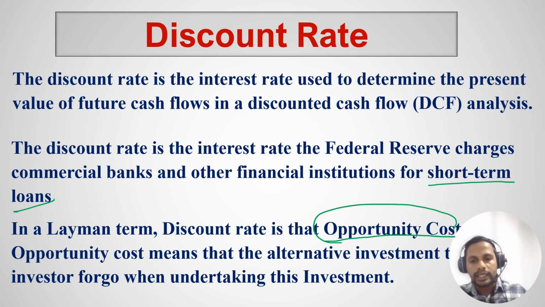Other countries are different. So we are equating our opportunity with what we are doing with the solar PV investment. That is the discount rate. So now you can simply understand the discount rate is an interest rate, simply an average interest rate that you can get from a bank.